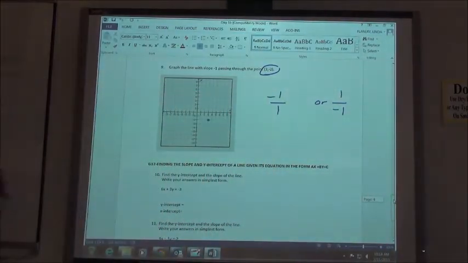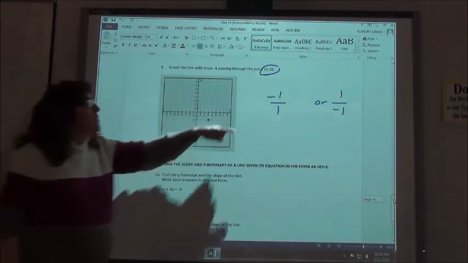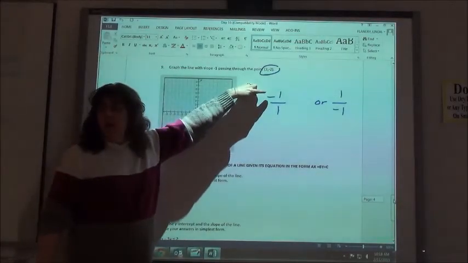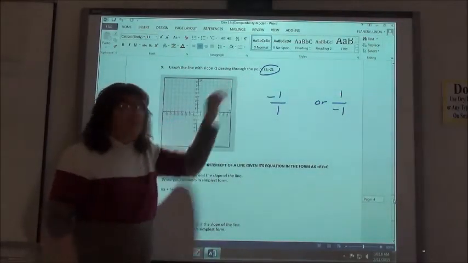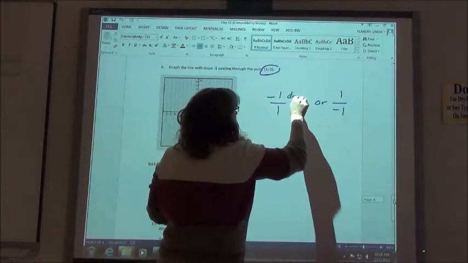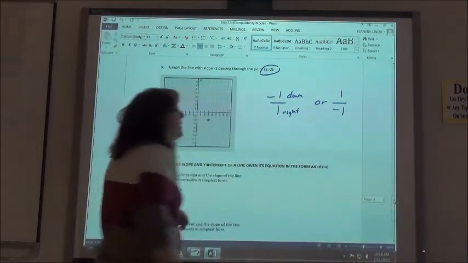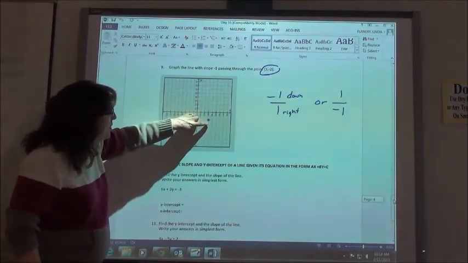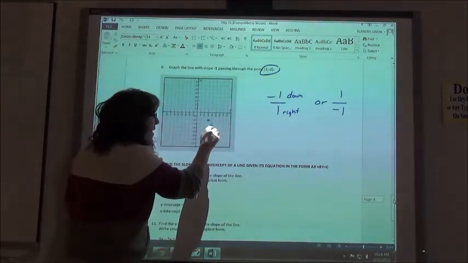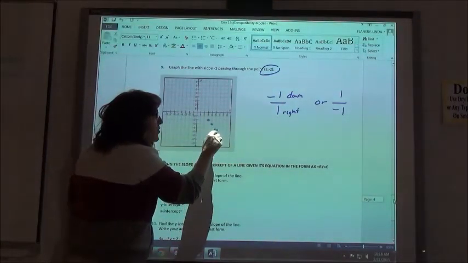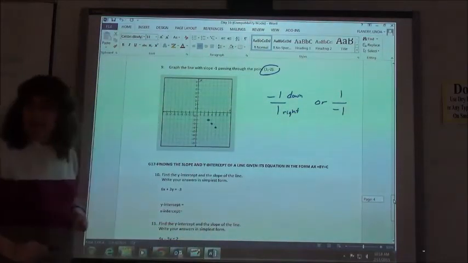Either of those are equal to -1. So this one is telling me to go what direction? Down 1 and to the right 1, right? So if I went down 1 and to the right 1, here's my next dot. Down 1 and to the right 1, there's my next dot.